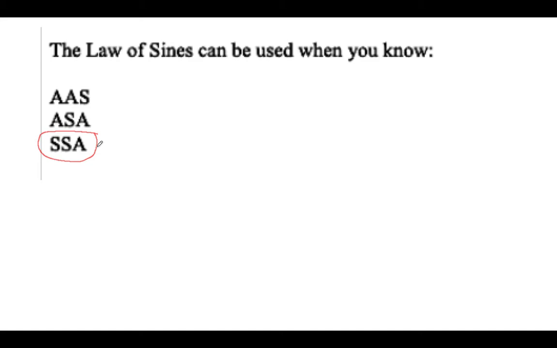Using the law of sines to solve these triangles is called the ambiguous case. That's what we're going to talk about tomorrow, so we're not going to talk about this today. That gets a little more in depth. So right now, today, we're going to learn how to use the law of sines when we know angle, angle, side, and angle, side, angle.